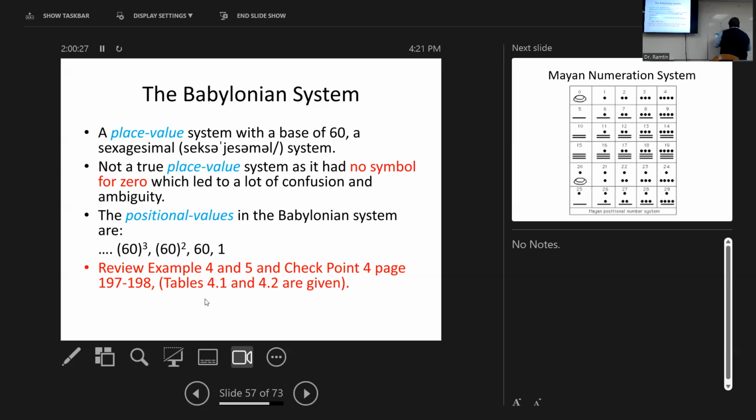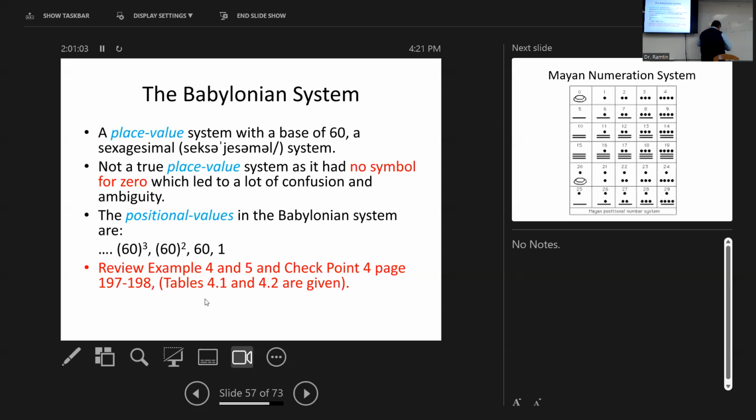So I put 60 multiplied by 60, multiplied by 60. Now this is the first position. Remember the rule, n minus 1. 1 minus 1 is 0, so that makes it 1. All right. This is position number 2, so it's to the power of 1. This is position number 3, it's to the power of 2.